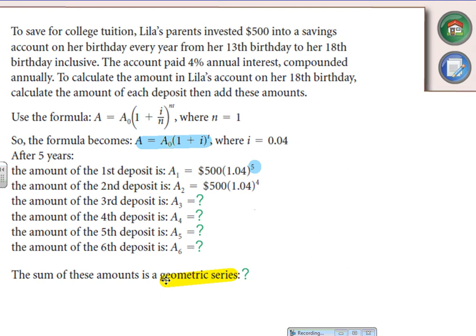The next deposit, her third deposit on her 15th birthday, is going to compound for only 3 years. Then for 2 years, for 1 year, and that last one on her 18th birthday is not going to be able to compound at all, because we want to know when they put in that $500, how much is it.